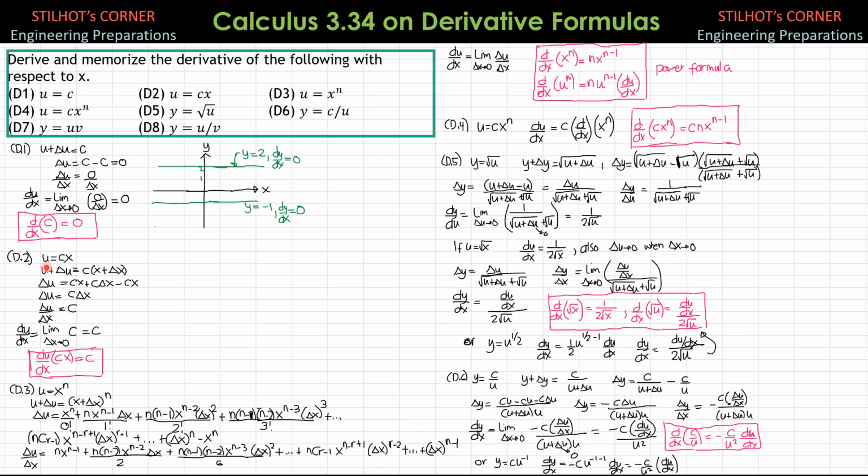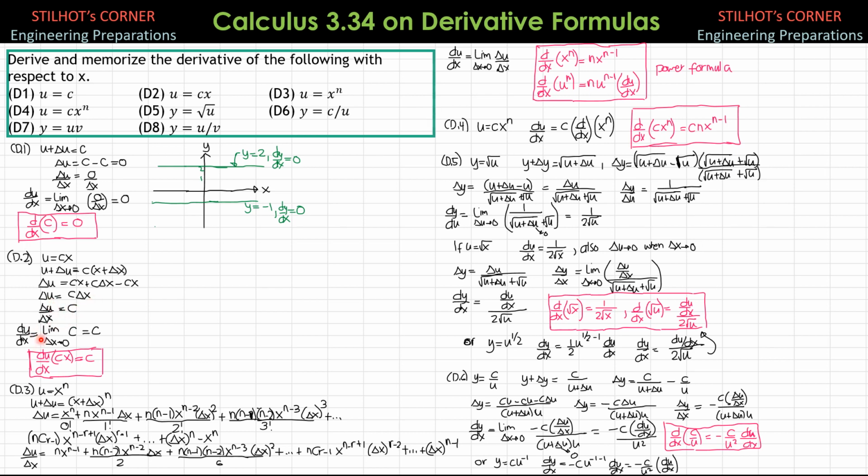D.2, derivative formula 2, u equals cx, so u plus delta u equals c times quantity x plus delta x. So delta u is, expand, cx plus c delta x, then minus u, which is cx. So you can cancel cx and negative cx, so that delta u equals c delta x. Dividing everything by delta x, delta u over delta x equals c.